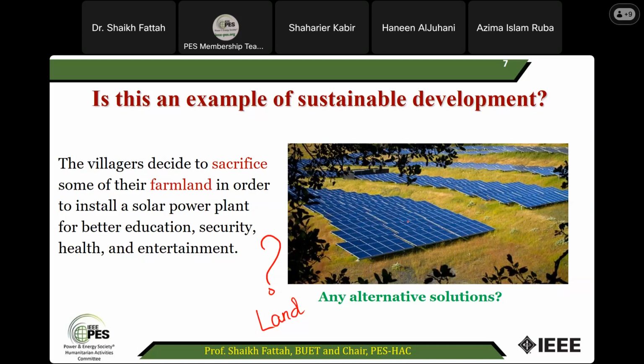So some villagers have to sacrifice this land. And if it's a farmland, if it's giving them a source of their livelihood, then you cannot do that. So it's a good project, installing a solar plant on vast land, but if it's cultivable land, and farmers depend on that cultivation, then you should think twice.